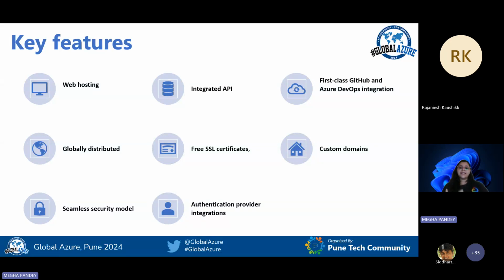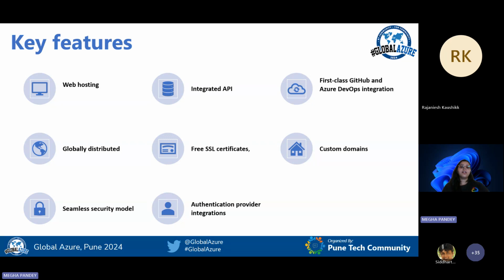The second is integrated web API. Whenever there is a change in your GitHub repository, there would be a call from Azure Static Web Apps, and these changes would be automatically displayed on the final web app page in a minimum of a few minutes, which is very, very interesting.